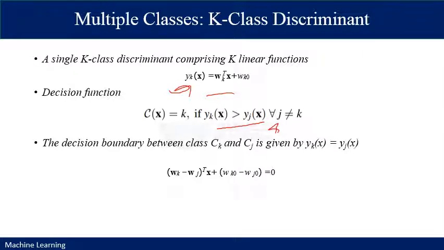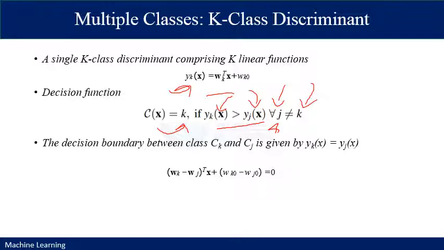That means we will classify our image as a cat if the probability of cat is greater than the probability of all other animals, where cat is not equal to all other animals.